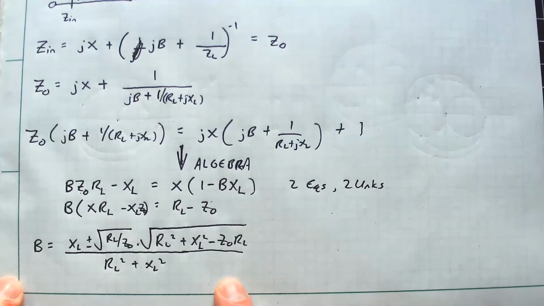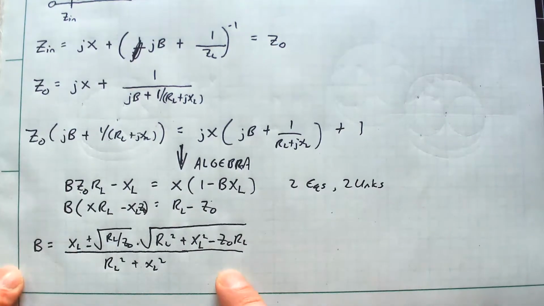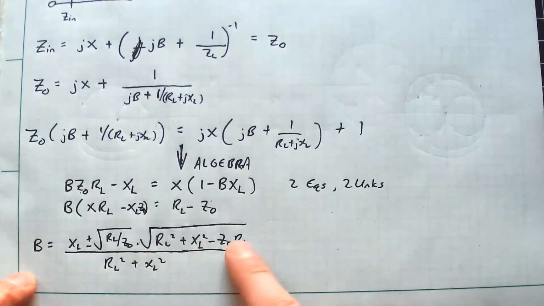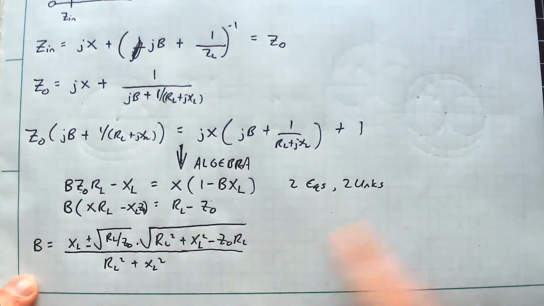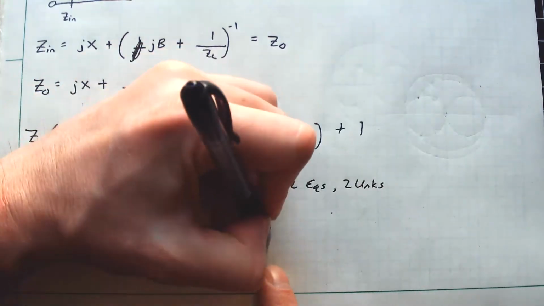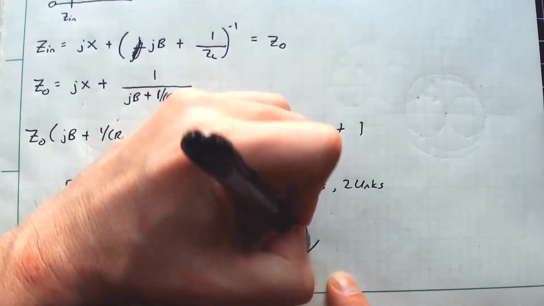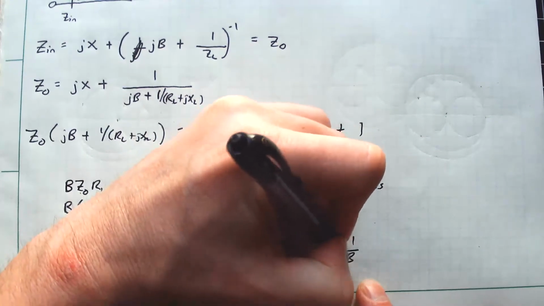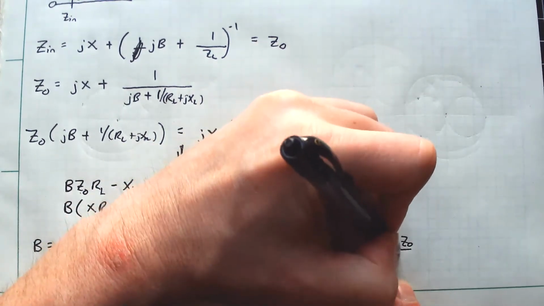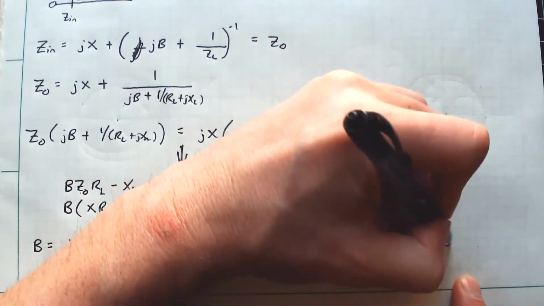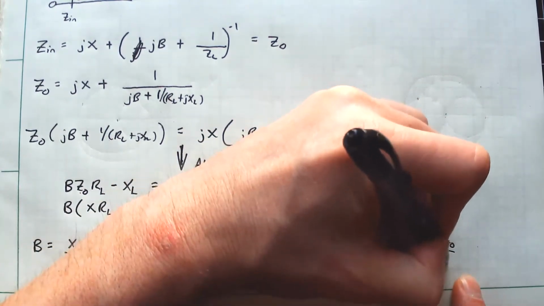It's a pretty yucky quadratic expression, but you can put this into MATLAB, and you notice there's no X term here. These are all known parameters. Once you solve for B, you can calculate X using: 1 over B plus X sub L Z naught over R sub L minus Z naught over B R sub L.